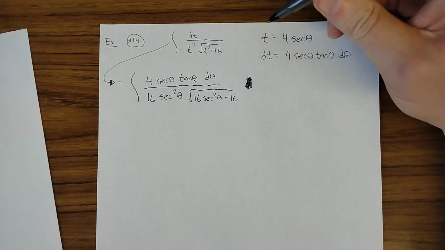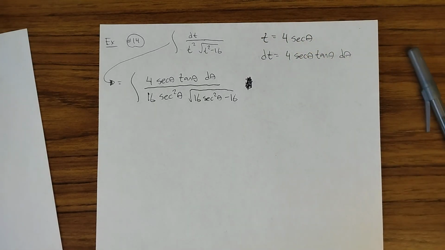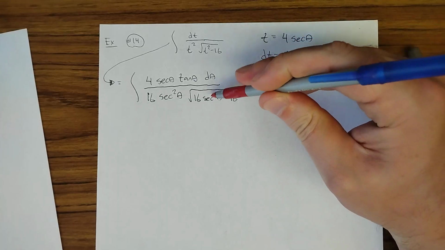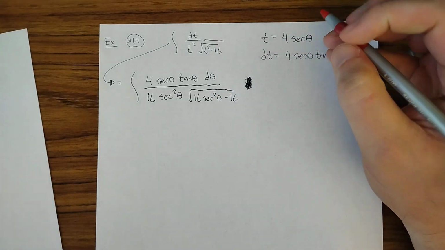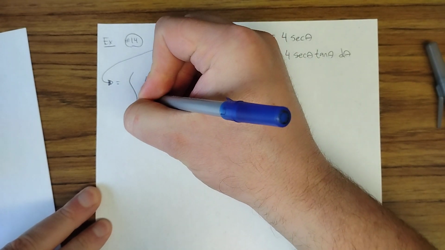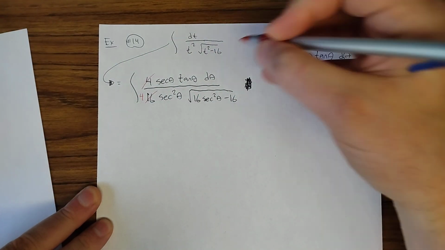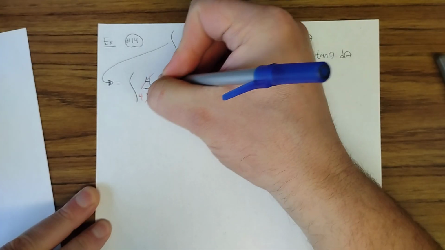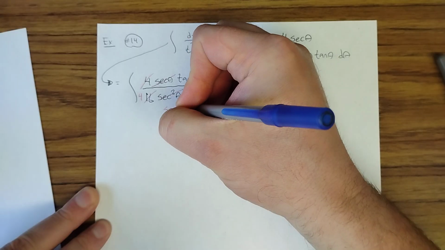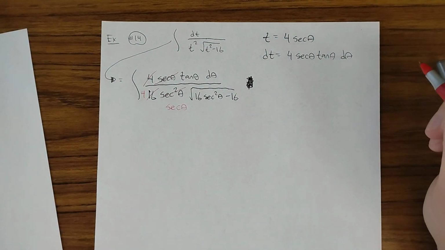let's simplify this, and really, I mean, there's a couple of things to do, but really my eyes are mostly on this square root part, because this is where the trig identity is going to come in. But let me take care of these other things. So 4 cancels, so I leave a 4 there. Secant cancels, and I'm left with 1 secant on the bottom.